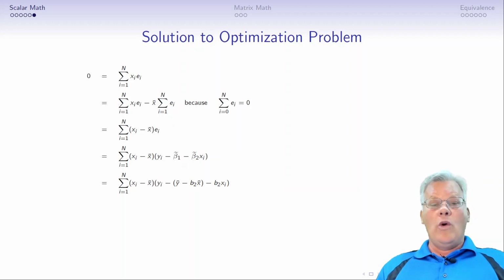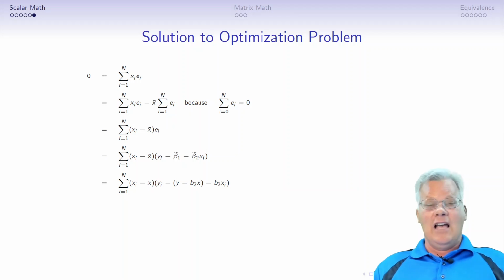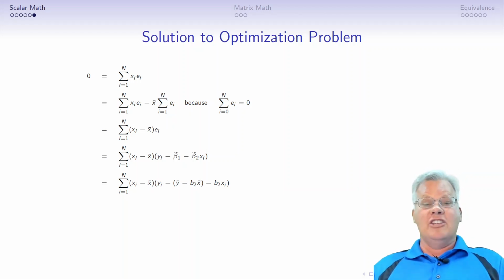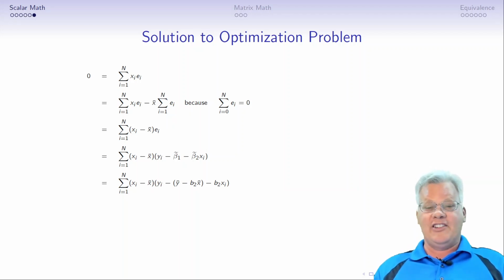And then going from the third line to the fourth line, I am inserting the definition of the regression residual: y sub i minus beta tilde 1 minus beta tilde 2 x sub i. And then moving from the fourth line to the fifth line, I'm inserting the definition of the OLS intercept that we just derived from the previous slide.